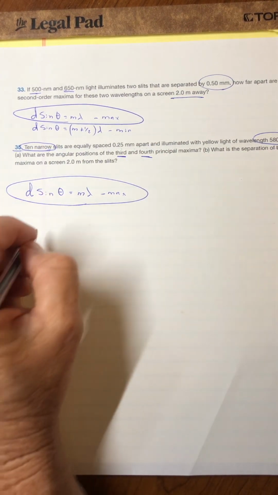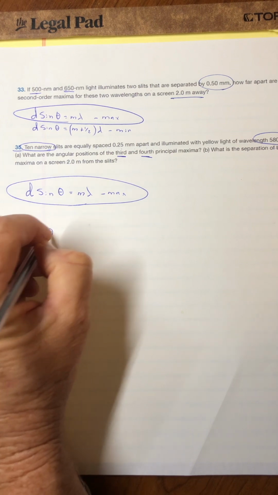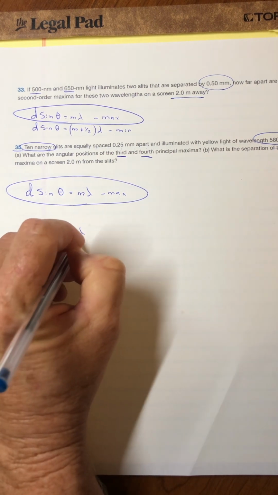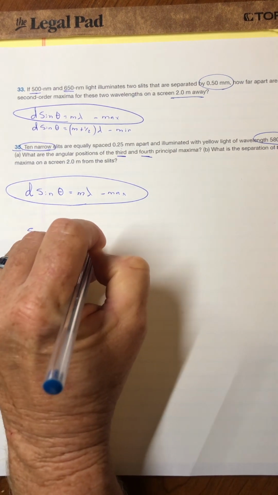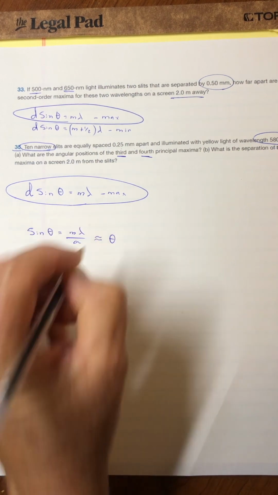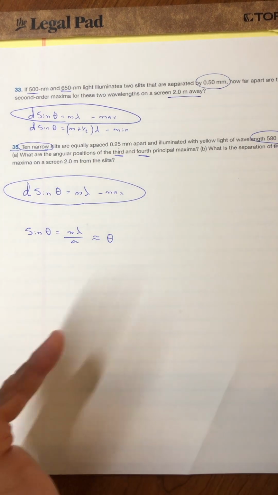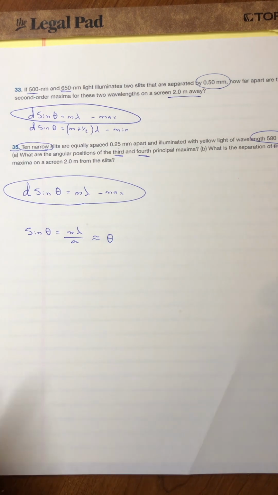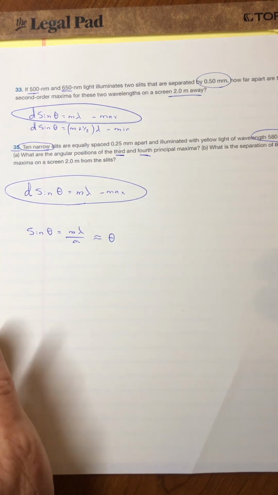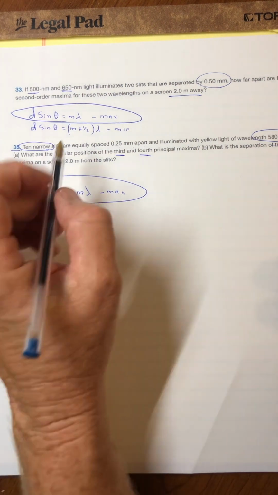So if you rearrange this equation, sine theta equals m lambda over d, and you use radians and what we call the small angle approximation, you could say this is the equation to get the angular position.